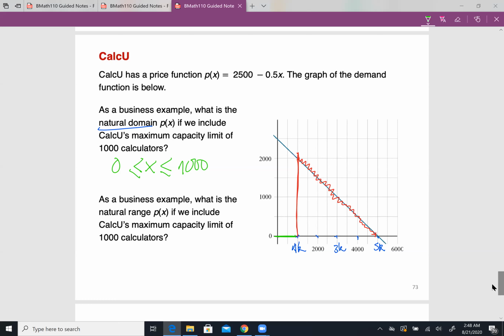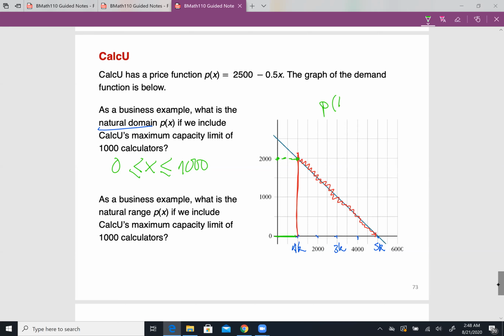And for the range, you should know the value is just going to start from 2,000 here. You can check whether that is really 2,000 by substituting x equal to 1,000 into P of x.